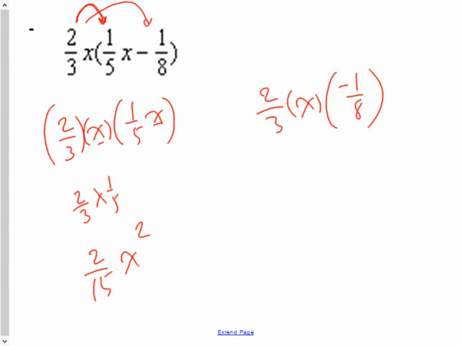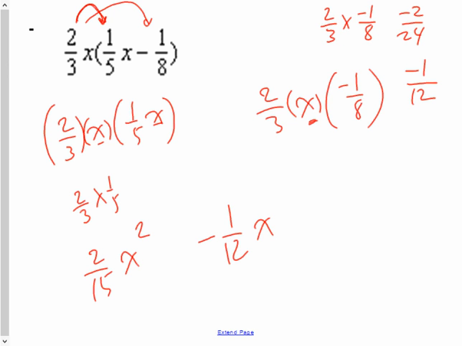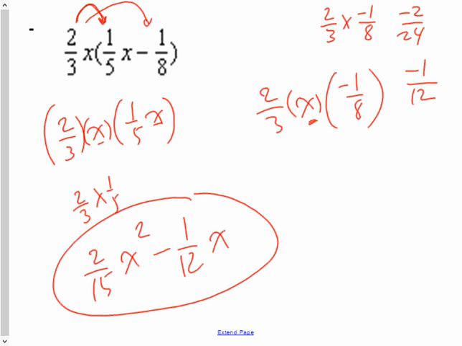And the next part will be the product of 2/3 multiplied by negative 1/8, which will be negative 2/24, which is not lowest terms because I can reduce that to negative 1/12. So negative 1/12 is the coefficient, and there is only an x by itself, so that's going to be x. So when I squeeze those two together, I end up with my solution, which is 2/15 x squared minus 1/12 x.